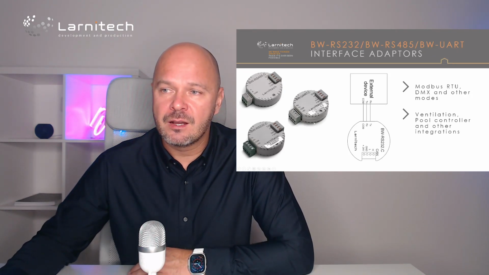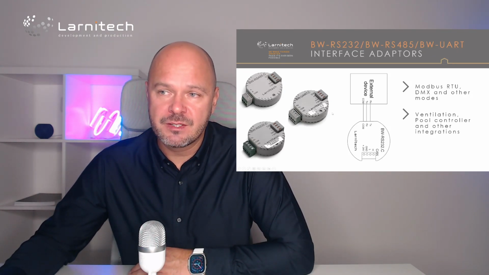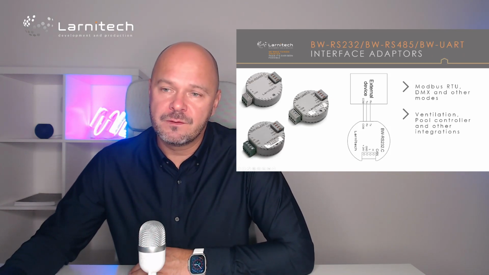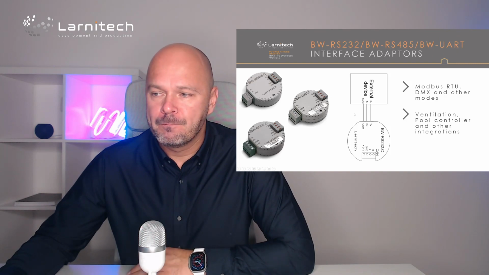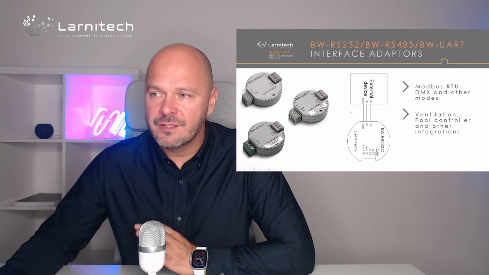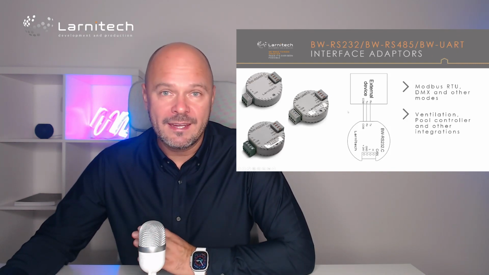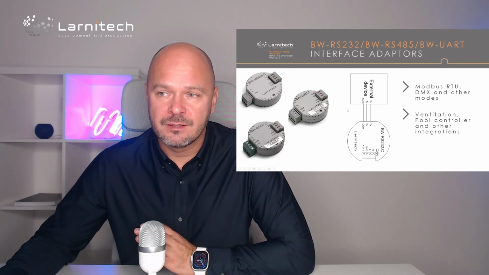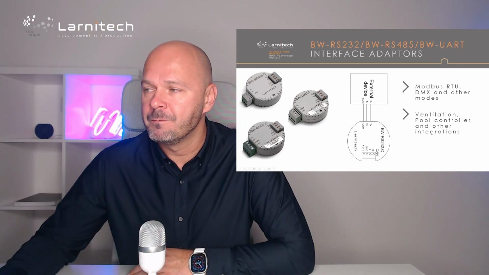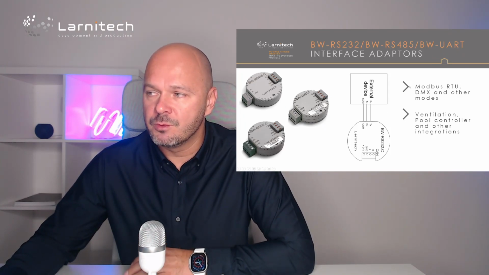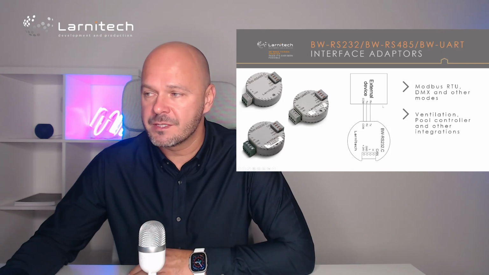And these are our standard interface adapters for RS485, 232 and UART. You use it in absolutely the same way as you use DIN rail devices, so I will not stop on this one. So usually it is Modbus and sometimes another.